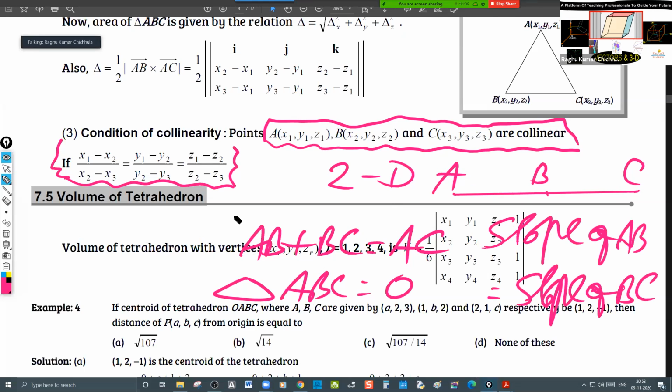But in 3-dimensional geometry, you don't have the slope concept. Of course, the area of the triangle can be found out, and distance will always be there. But unlike that, the concept of slope is to be seen differently in 3-dimensional geometry.